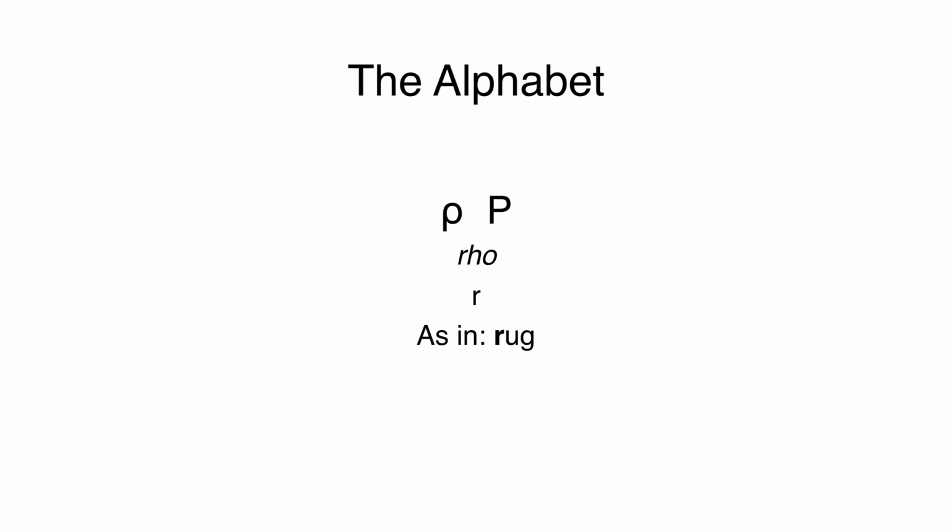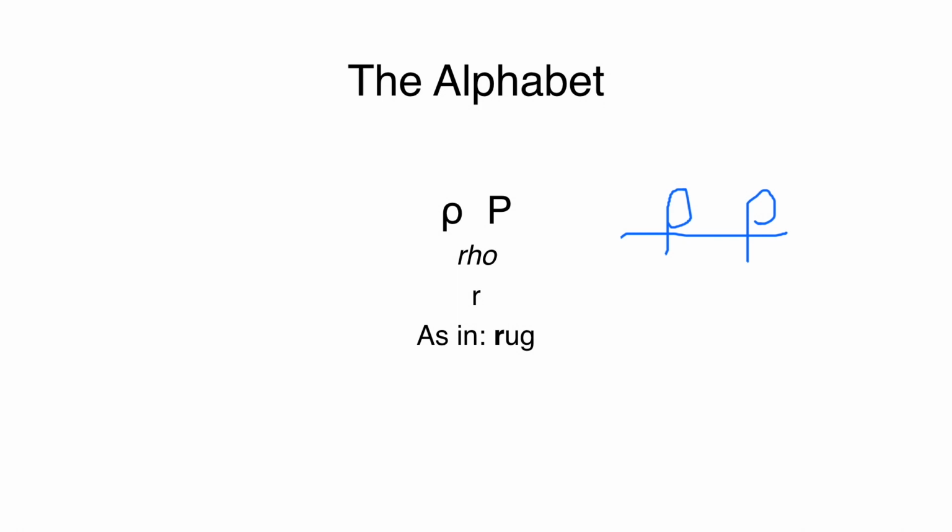Next we come to rho. If we imagine our line here, we begin with the stem below the line, coming up and then curving around. It looks like our small case letter P, but it doesn't have a stem at the top. Our English P is formed like that. But rho has straight around curve, as so.